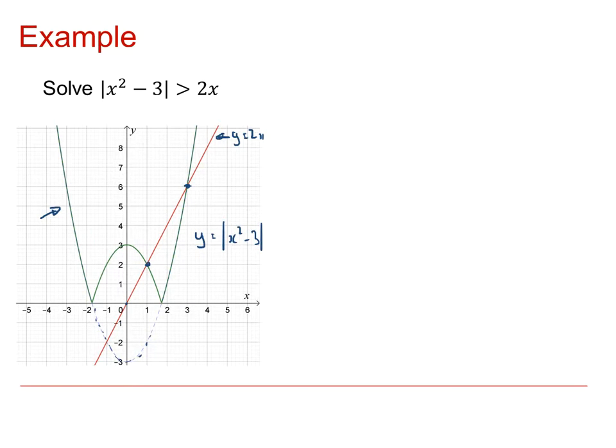We want to find when the modulus of x squared minus 3 is equal to 2x. Well, for portions of the graph which have come from the original function x squared minus 3, in other words, where x squared minus 3 is greater than or equal to 0, the intersection must be when x squared minus 3 is equal to 2x.